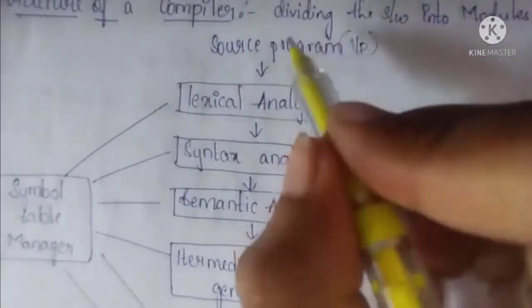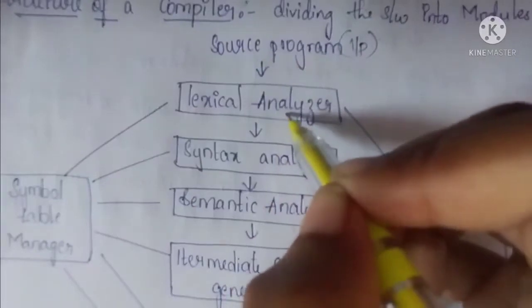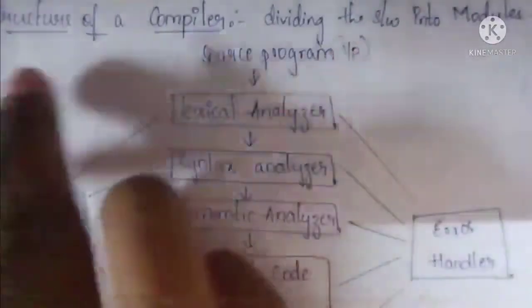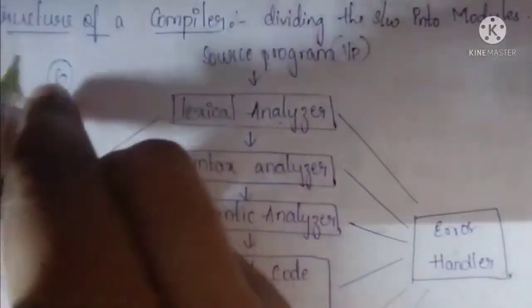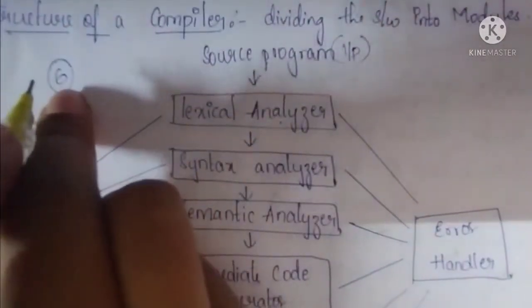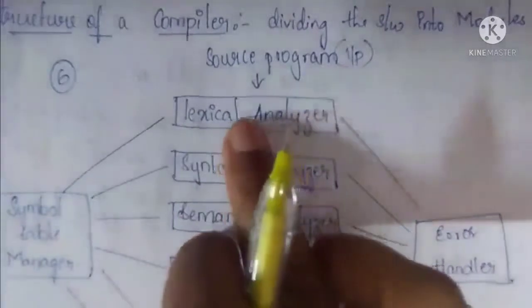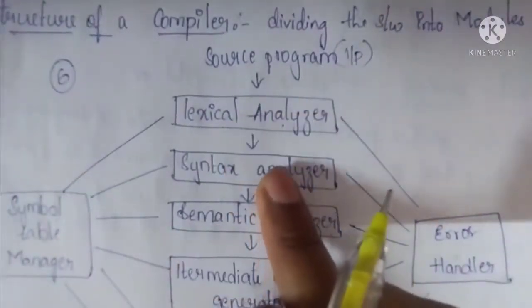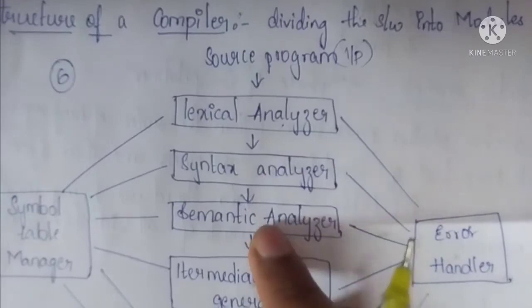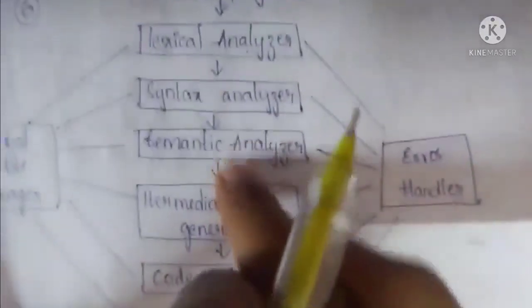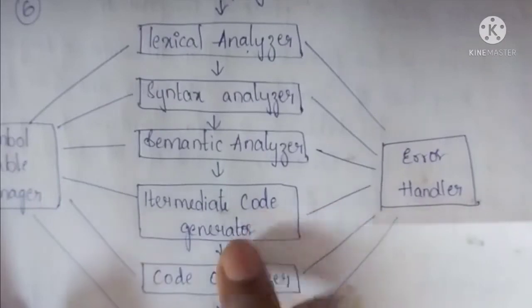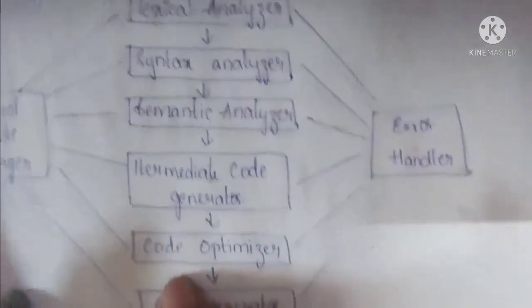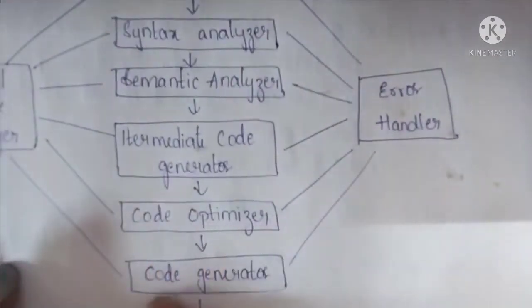We are dividing the structure of the compiler into 6 phases, or we can call them 6 steps. What are those 6 steps? First one is the lexical analyzer, second is the syntax analyzer, third is the semantic analyzer, fourth is the intermediate code generator, next is the code optimizer, and the last and sixth one is the code generator.